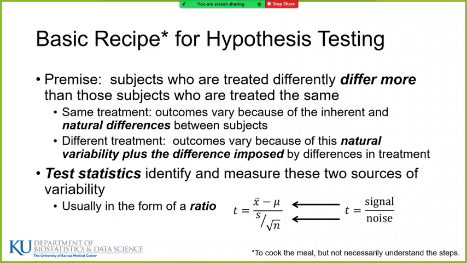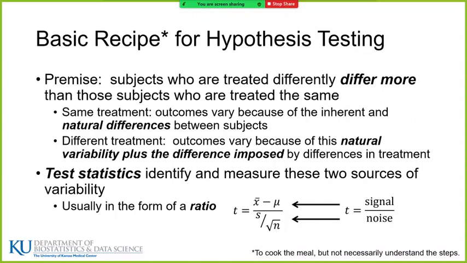When we take a look at how outcomes vary, if two participants receive the same treatment, their outcomes are still different to some degree. And we attribute the differences in their outcomes to just the fact that these are two different people. Maybe one's 85 and one's 83, or one's 85 and one's 71. It could be one's BMI is high and the other one's is low.